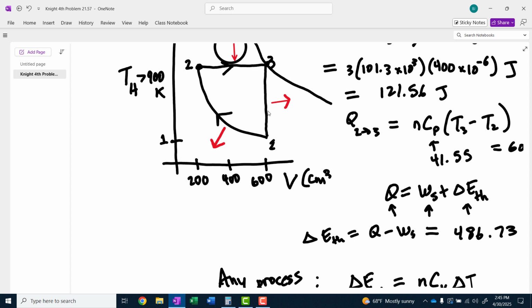Heat's flowing out as we cool from 900 back down to 300, and then we stay at 300 from process 1 to 2. But if heat is flowing out of the gas all the way down to 300 kelvins, then it must be in contact with something that's cooler than 300 kelvins.